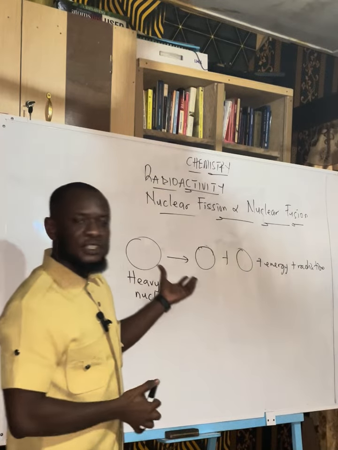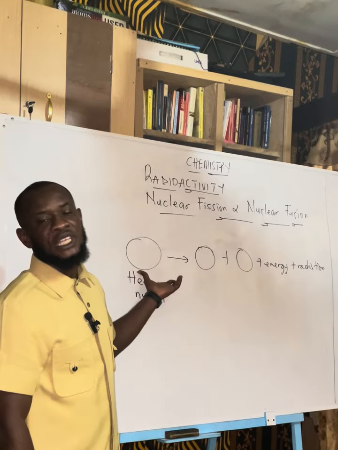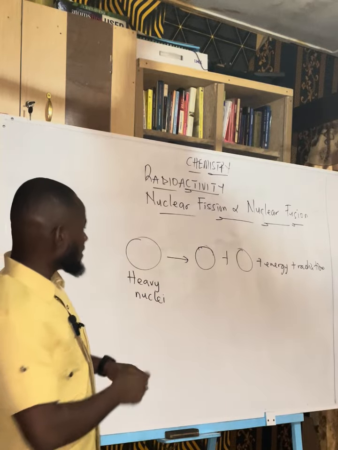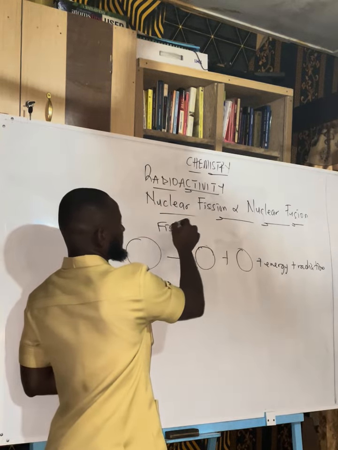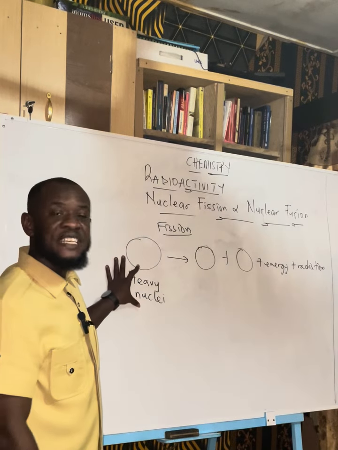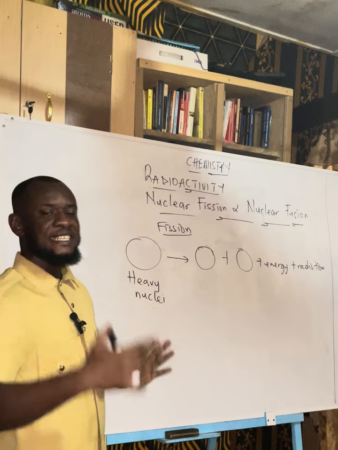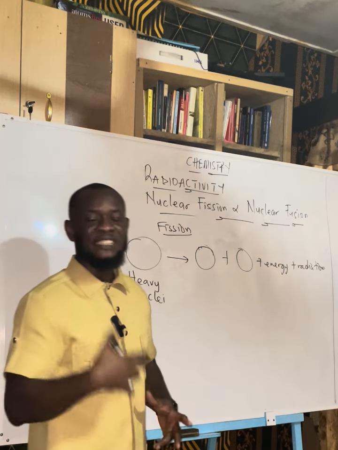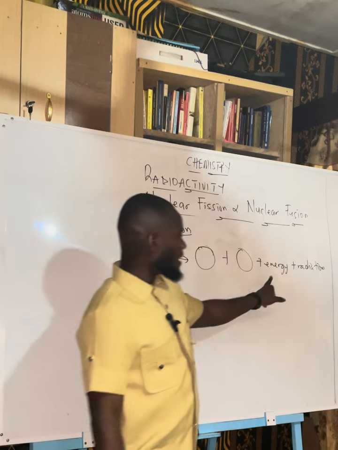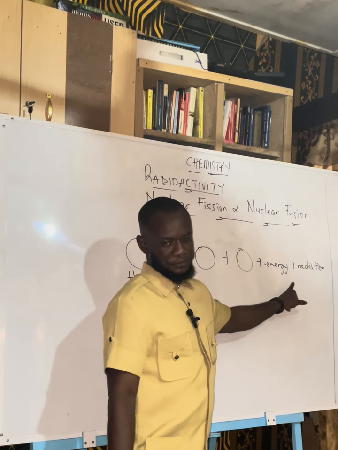So we call this type of reaction nuclear fission. So fission here means something splitting. In fact, a heavy nuclei splitting into two approximately equal fragments, releasing energy and radiation.